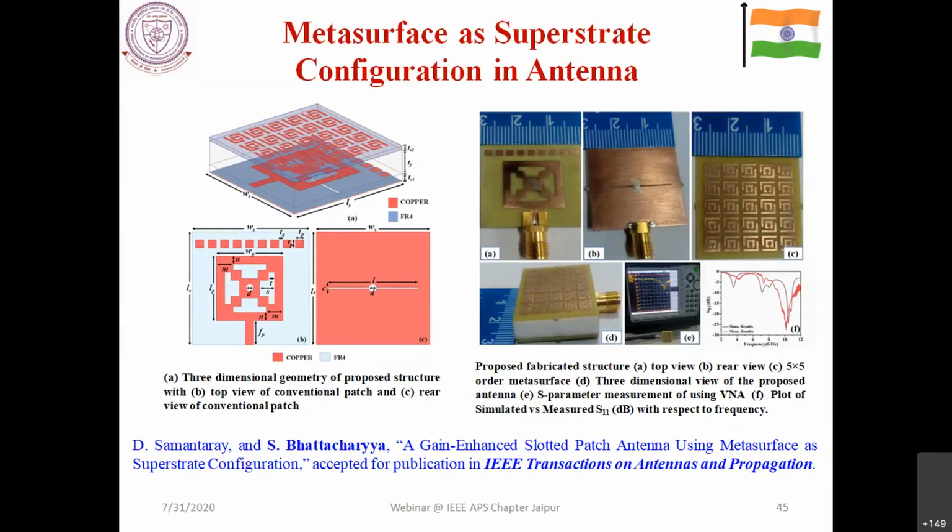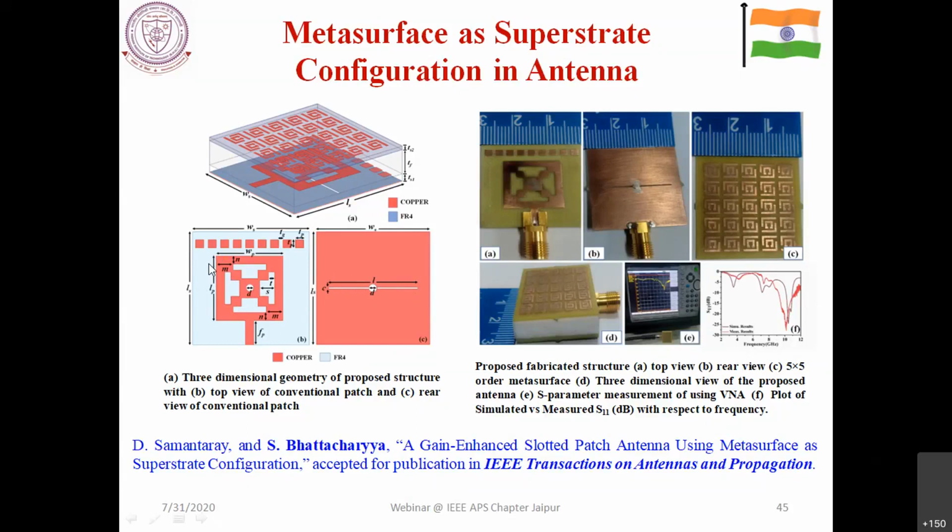You can see that this is the top view and this is the bottom view. In the top view, you again have fractal slots and a slotted patch, and some rectangular slots have been introduced in the defected ground plane so that the bandwidth can be enhanced.